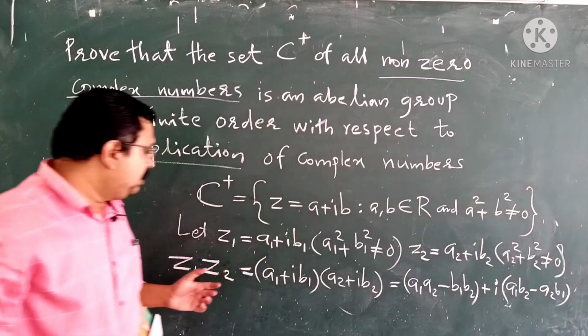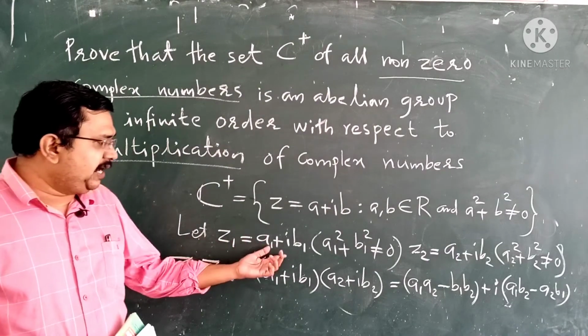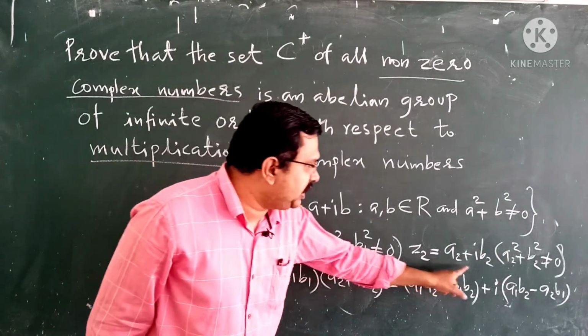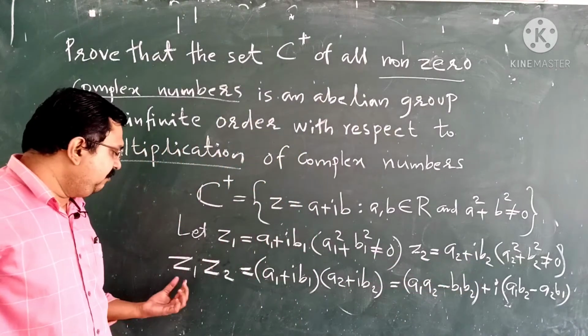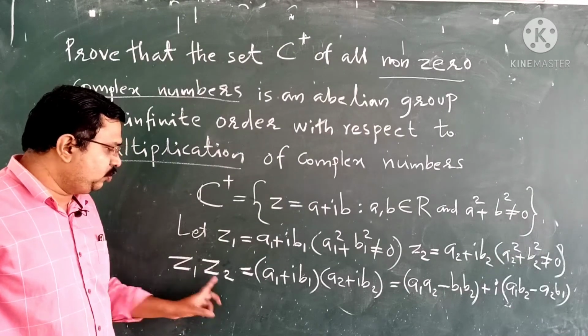Then we are finding the product of two complex numbers.